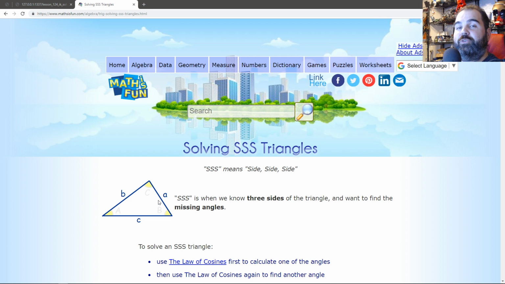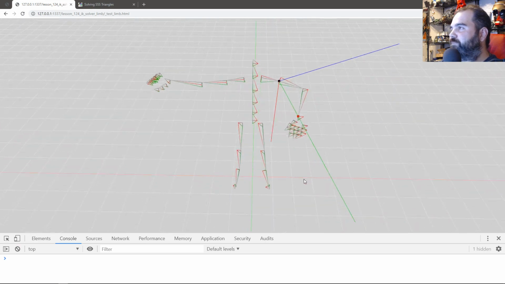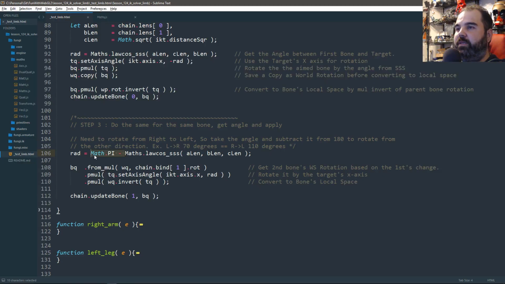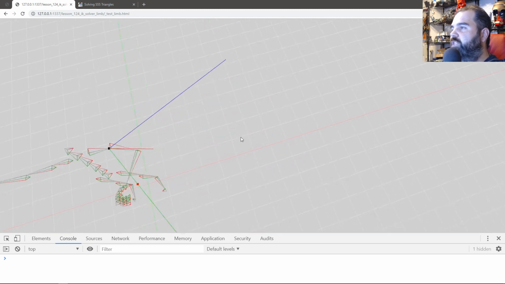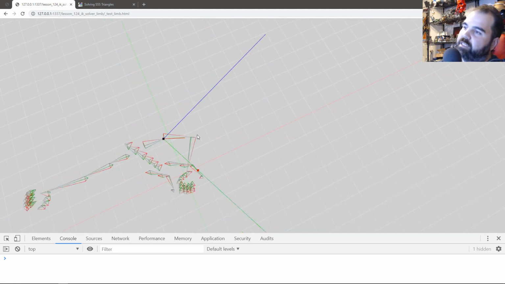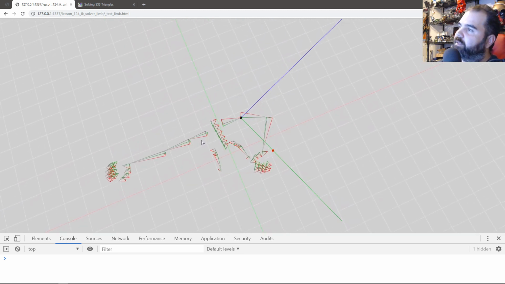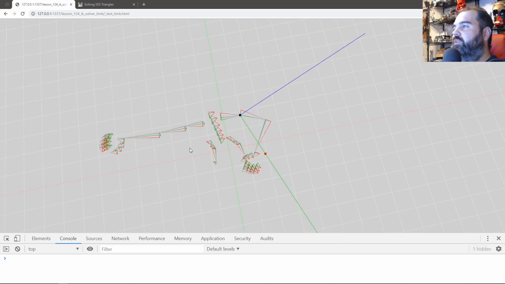This actually screwed me up a lot. This example doesn't really show it very well. Let's see if I do it again. But just keep that in mind: sometimes even though the angles are correct, the direction in which you're rotating is not correct. So that's the one little thing I learned.